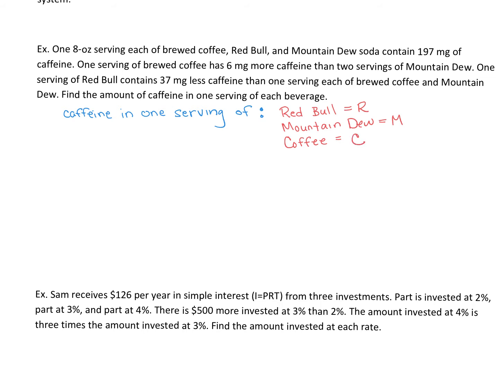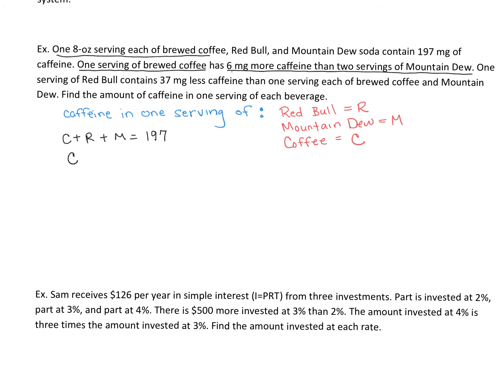I'm going to go ahead and read my problem again so that I can think about my equations. 1 8-ounce serving of each, so that's coffee plus Red Bull plus Mountain Dew, contains 197 milligrams of caffeine. So that's our first equation. Our second equation, we say 1 serving of coffee has 6 milligrams more than 2 servings of Mountain Dew.